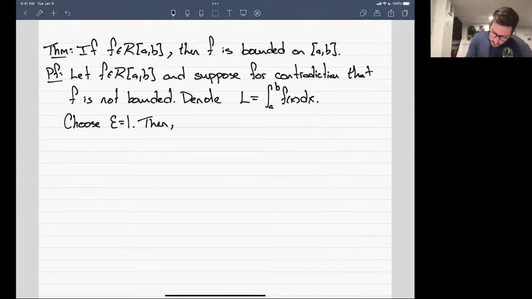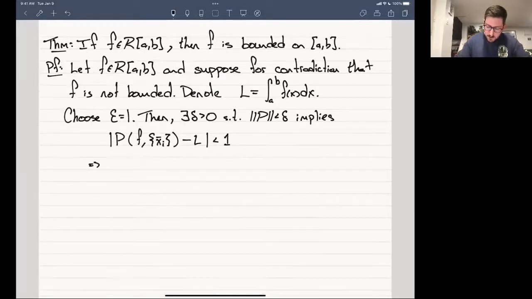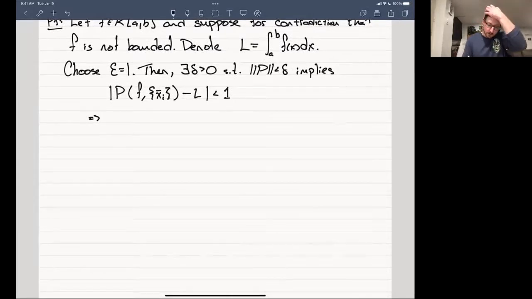Well, since I've chosen an epsilon, I know that there exists a delta such that if I take a mesh smaller than delta, this implies that the Riemann sum, regardless of the evaluation points, is within epsilon of its limit. Pardon me, epsilon was equal to 1, which I can actually unpack that inequality right there.